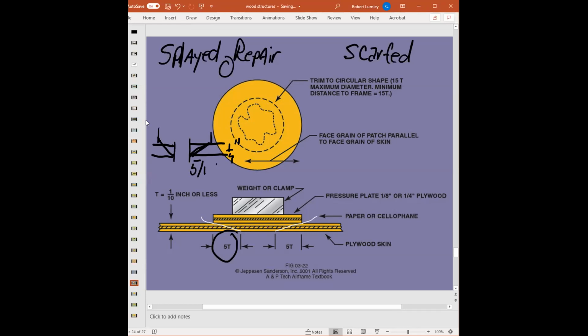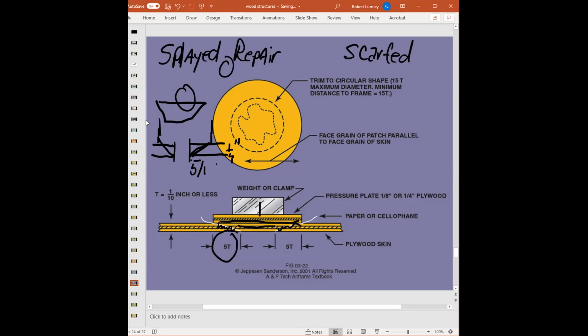Then we take our repair material, we measure from here to here, cut that out, and on the backside, the diameter down here. And then we taper that piece, so the piece will properly match inside. And that's the repair piece right here. We then glue that, and then we apply a pressure block and a weight or clamp to hold it into place.